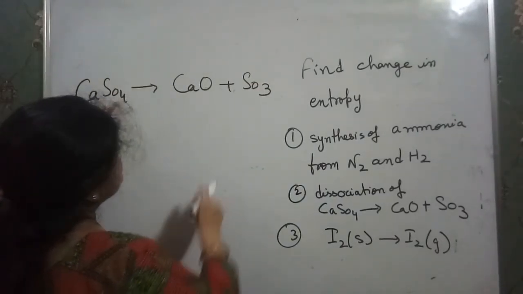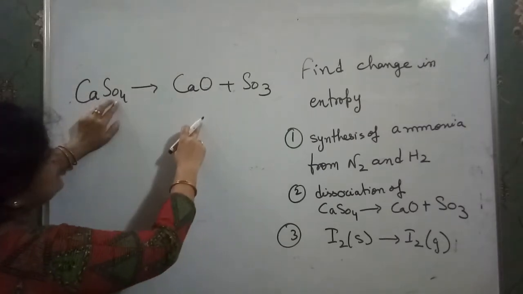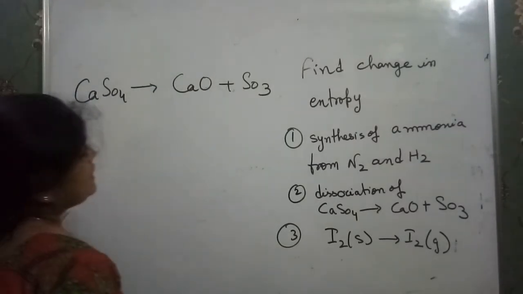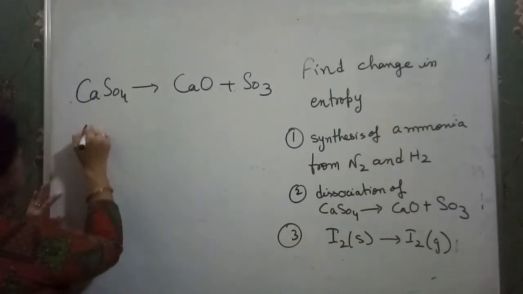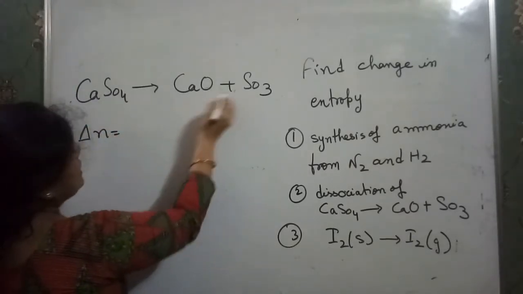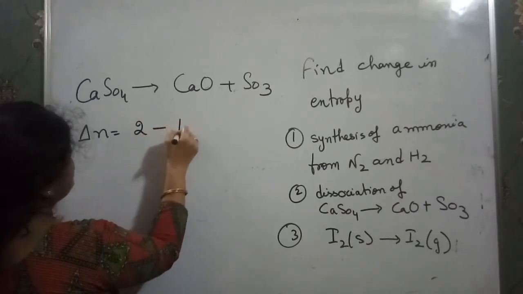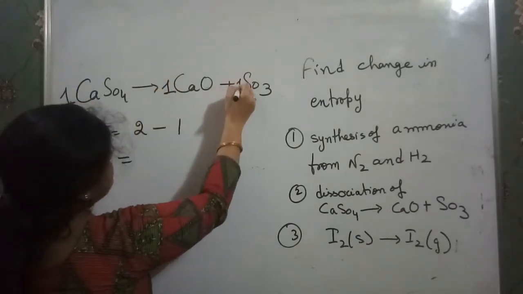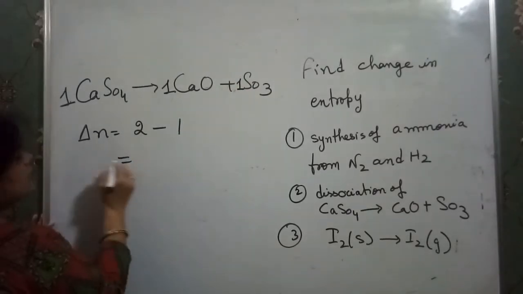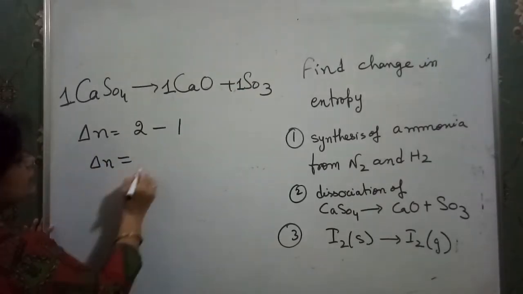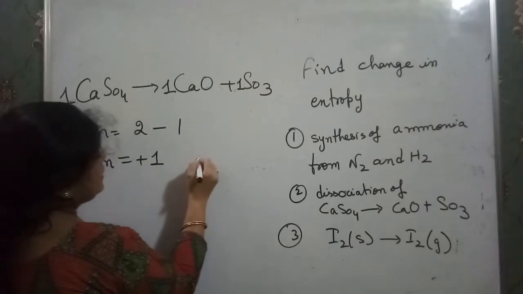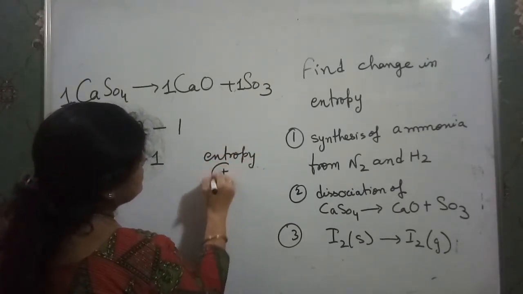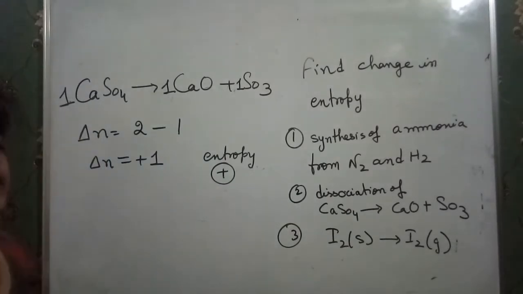This is 4 and this is 3 plus 1, 4. We have the same, so there is no need. So when we take out the entropy delta N, we have 1 plus 1, that is 2, minus 1, because here the number of moles is 1. So we have change in number of moles positive 1, so here entropy is positive. In this case entropy is positive, that is, entropy has increased.